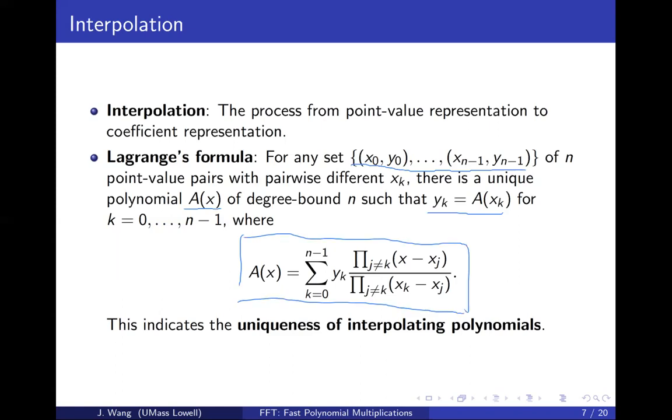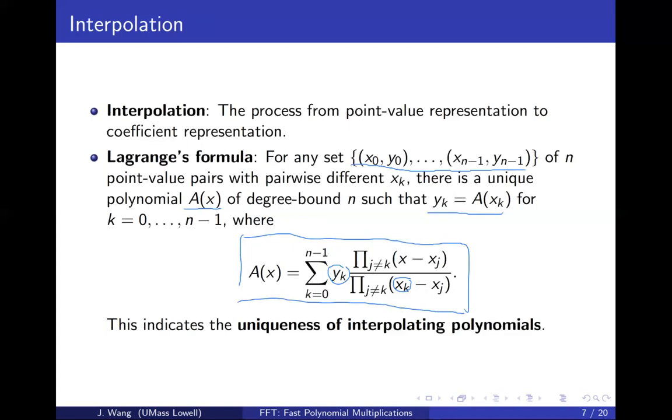So you have xk, and then you have yk. So that is one point. Then k is from 0 to n minus 1. So that's n points, right? So it's one point, and altogether you have n points.